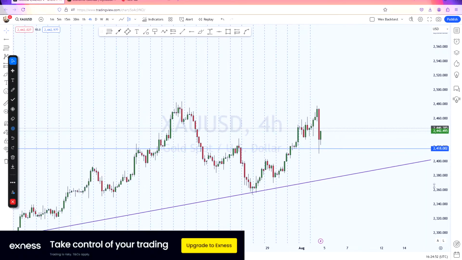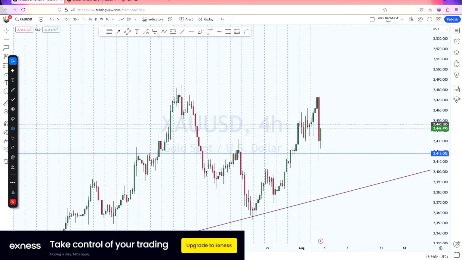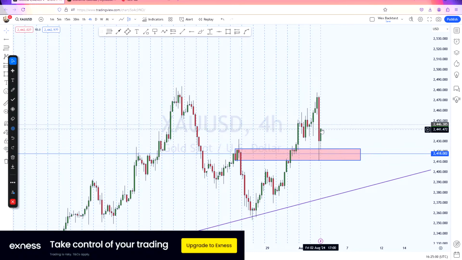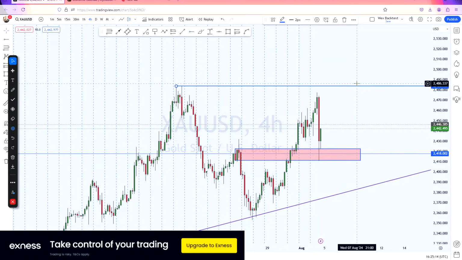This is the area of rejection. Price confirmed that rejection with a bullish close on the H4. So there is a probability that we should be continuing bullish. Technically on the higher time frame, what I'm going to be looking out for is bulls for this coming week. Straight up, I'm going to be looking for bulls.